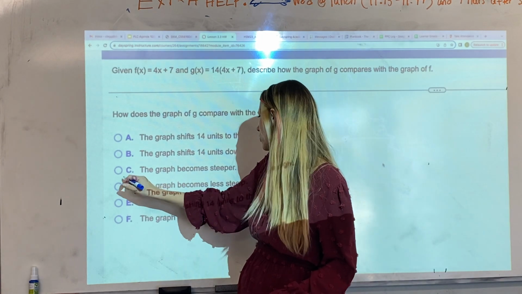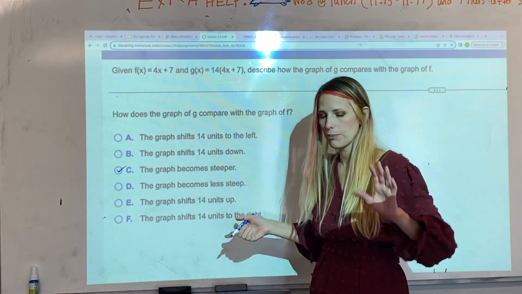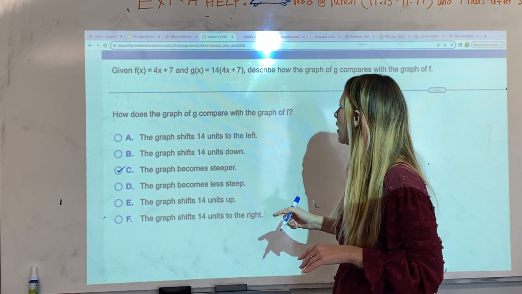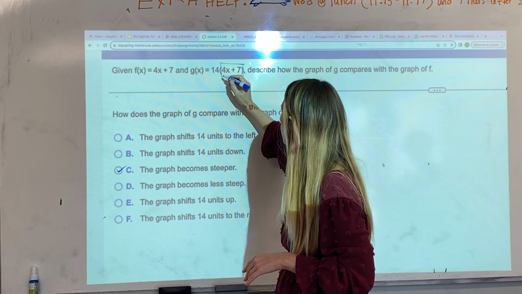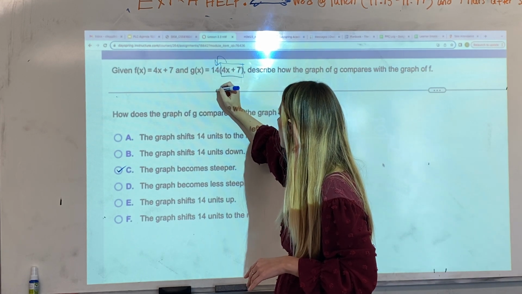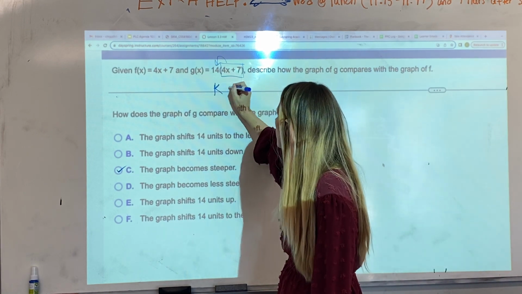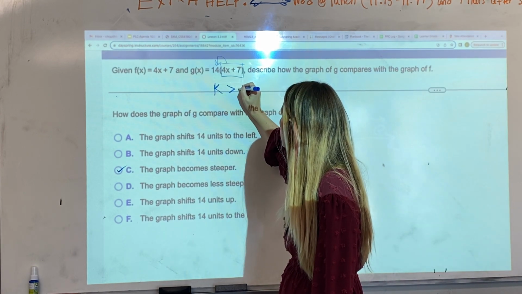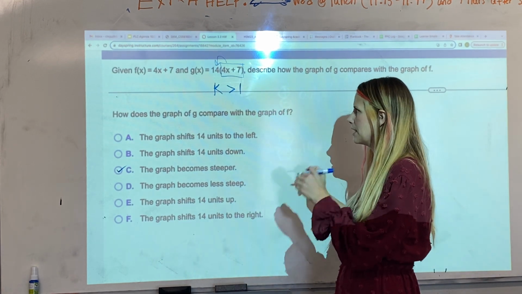But I'm really impressed with you guys because I didn't even teach that example yet. This example is really, really hard. If your output, which is this whole thing, is being multiplied by a number that's greater than 1, if your constant is greater than 1, then it makes it steeper.